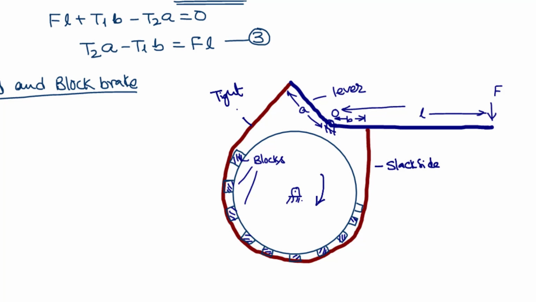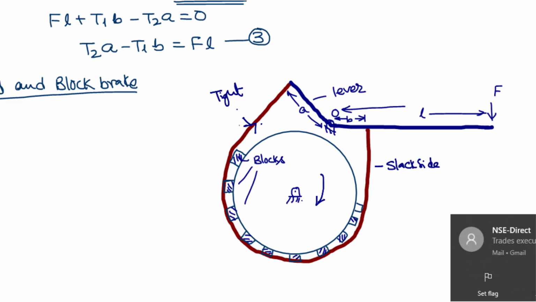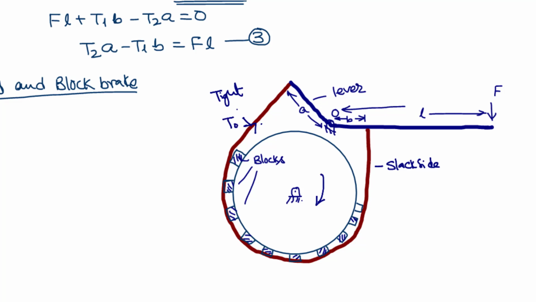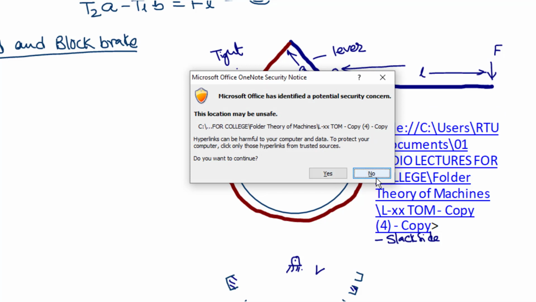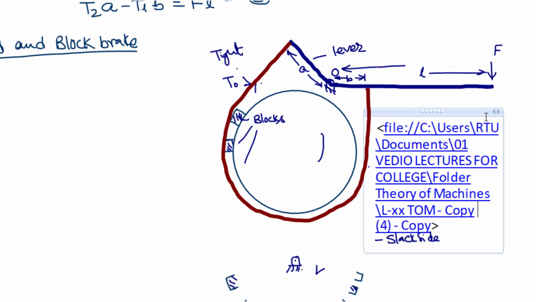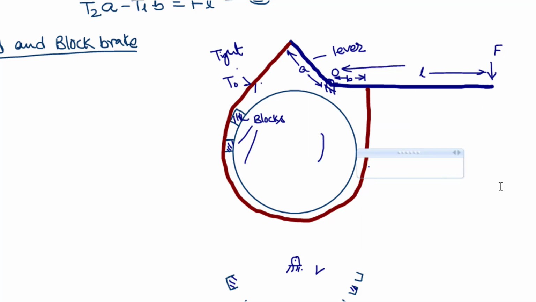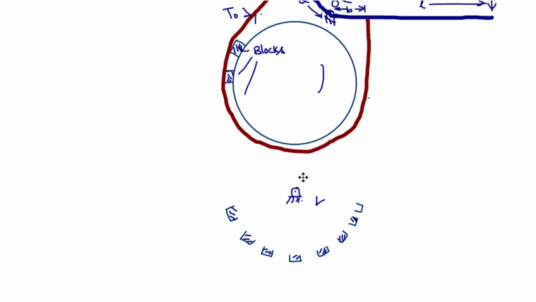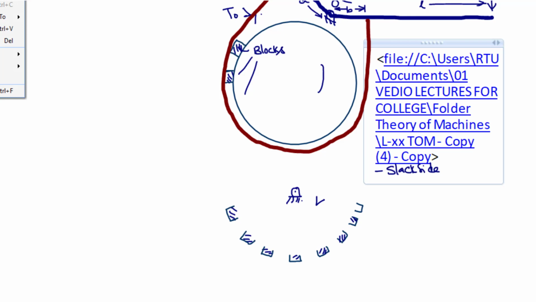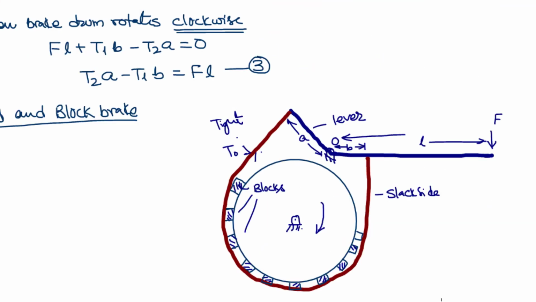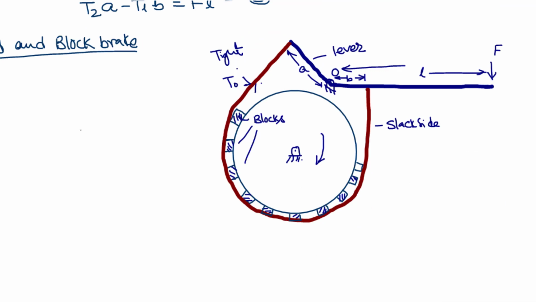Means on this side the tension is T0, and on this side it is Tn, T0 and Tn.